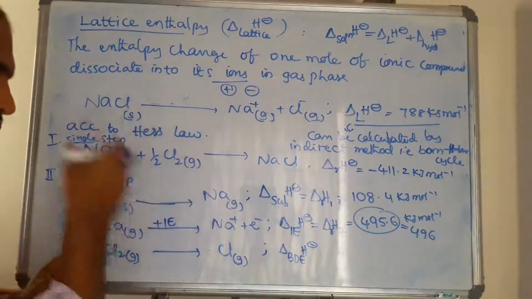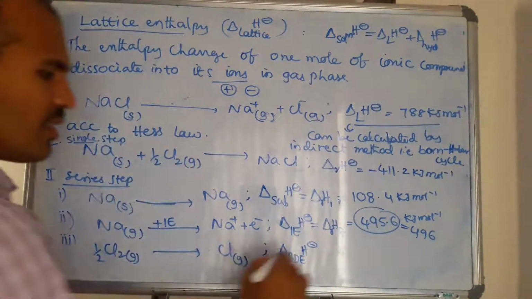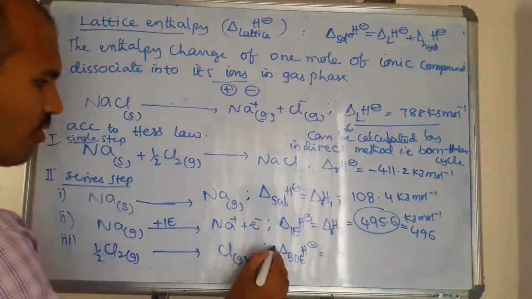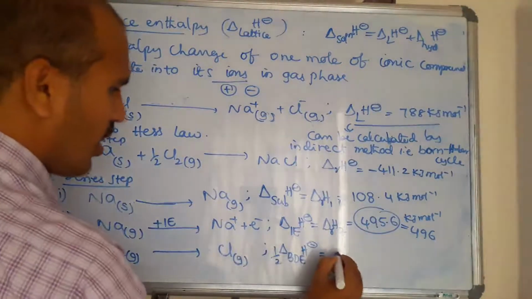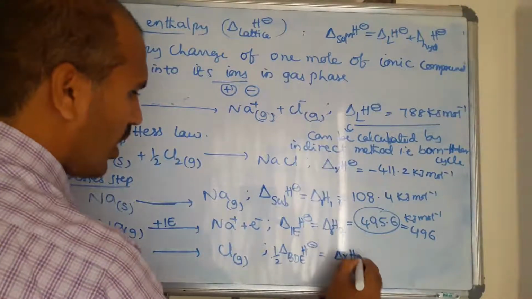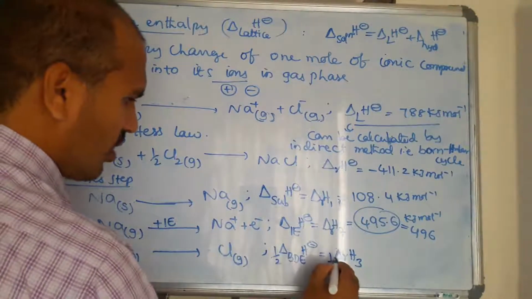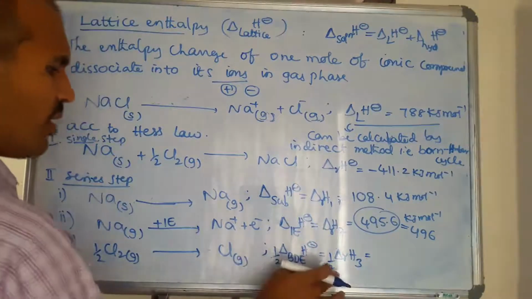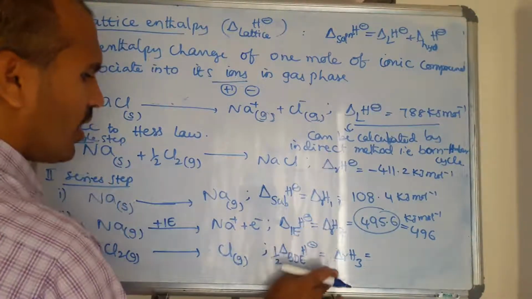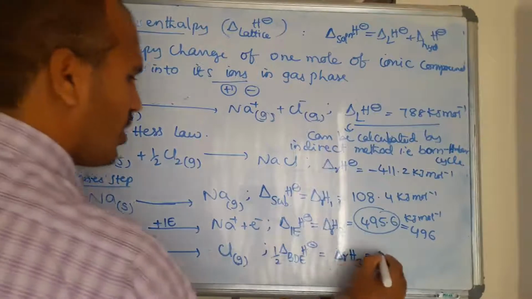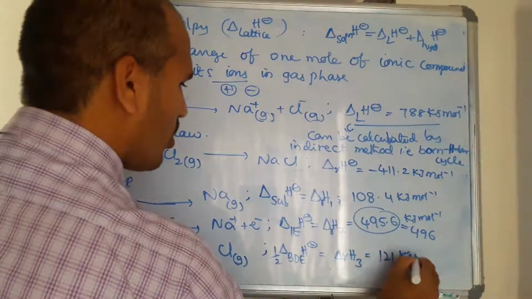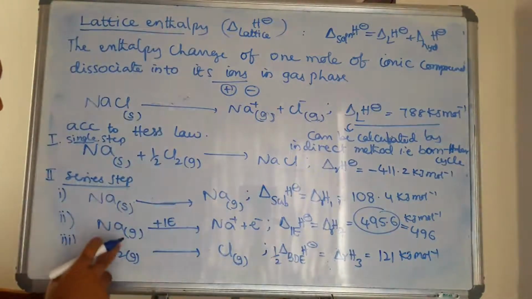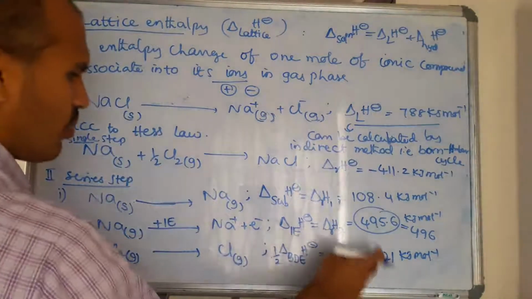The Cl bond breaks down and comes to single Cl. This will be represented as, and here half is there, therefore here also half. Then here delta R H3, and the total value, I want to write half the value only, that is 121 kilojoule mole inverse. To break down this Cl bond, here also energy is positive.